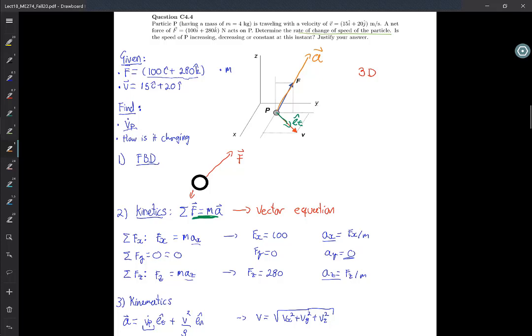Yes? Perpendicular to the tangential, right? But in 3 dimensions, we have 2 perpendicular directions, and only one is right.